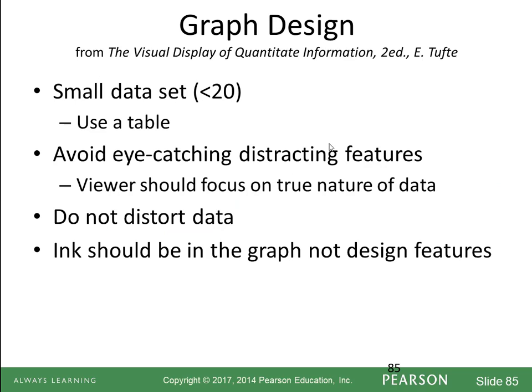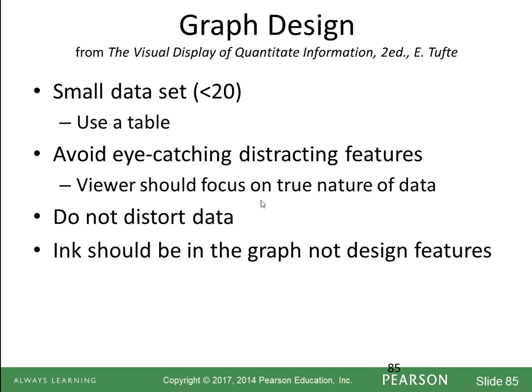In the book by Tufte, the visual data set, when you have less than 20 individuals in your data set, use a table. Even though they're pretty, you don't want to use that kind of graph. Examples of the worst graphs ever are found on the front page below the fold of USA Today.